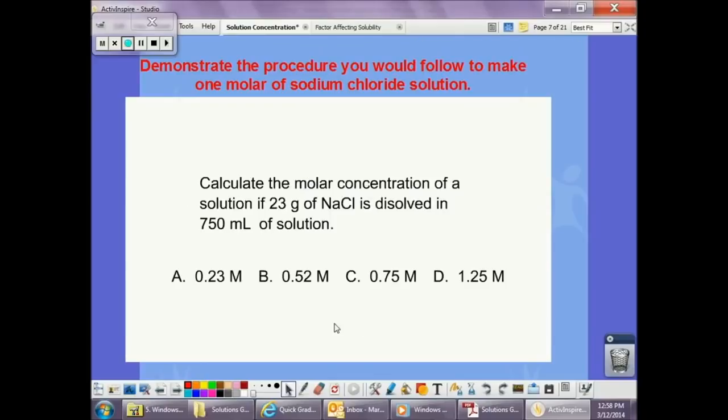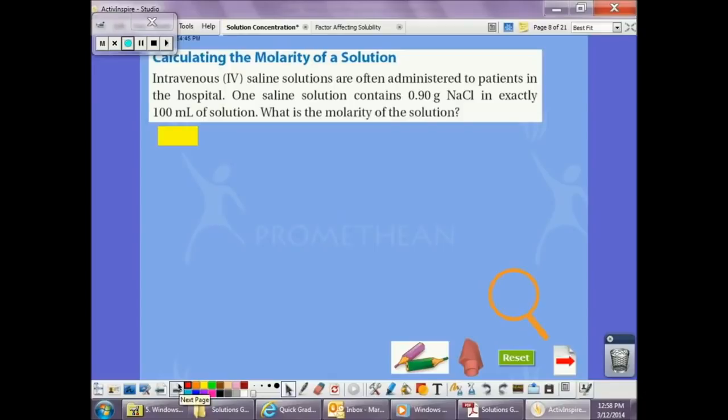Okay, now let's do some practice. Let me continue right here. So I need for you to get your calculator ready for me, please. Okay, let's start. IV solutions are often administered to patients in the hospital. One saline solution contains, let me highlight, okay, so this is our given.